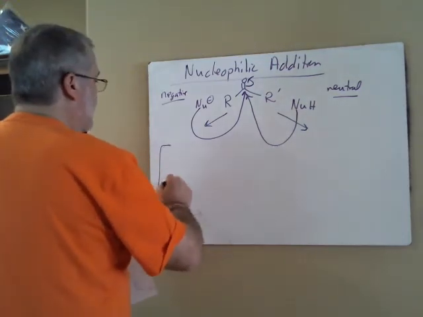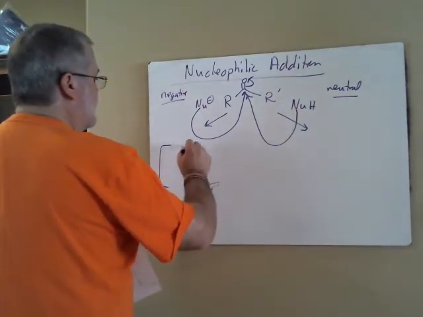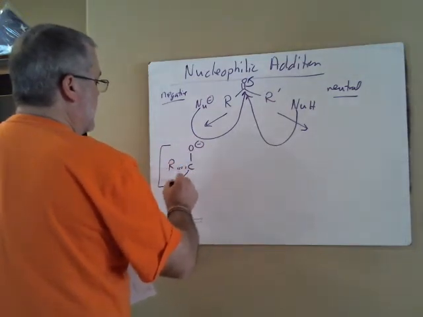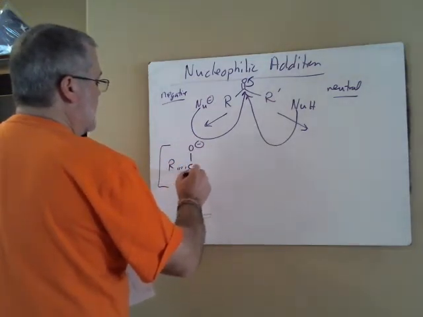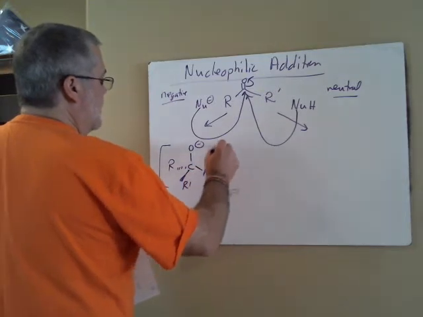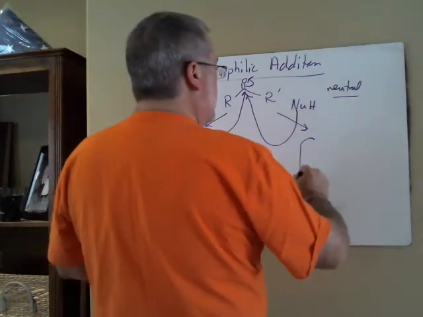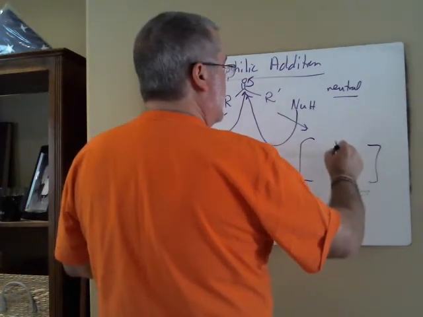And so you're going to form in each case a tetrahedral intermediate where I have my R prime, and then my nucleophile that's added.